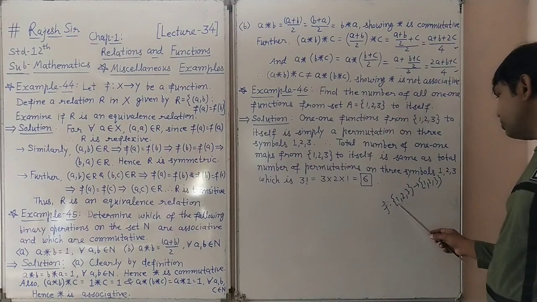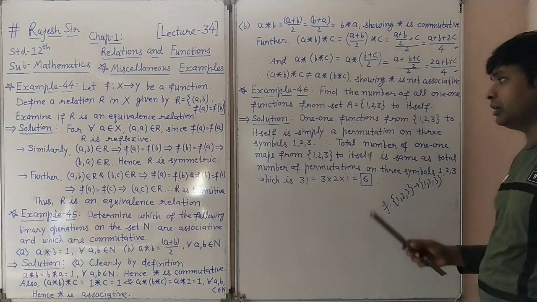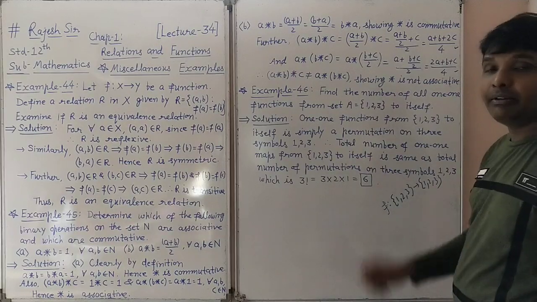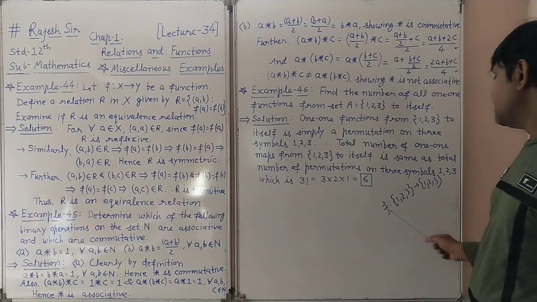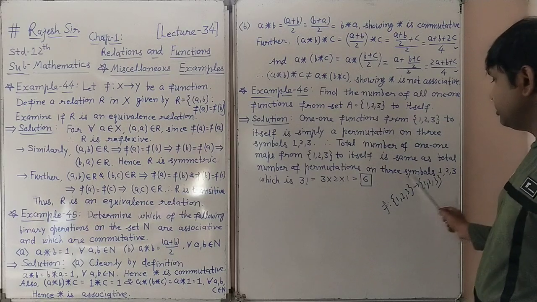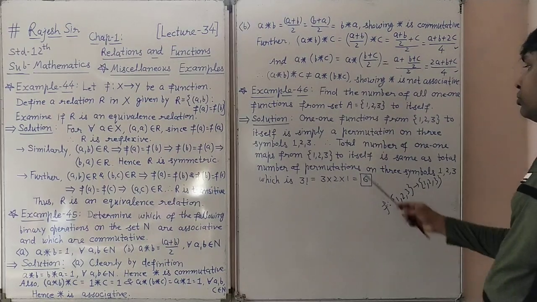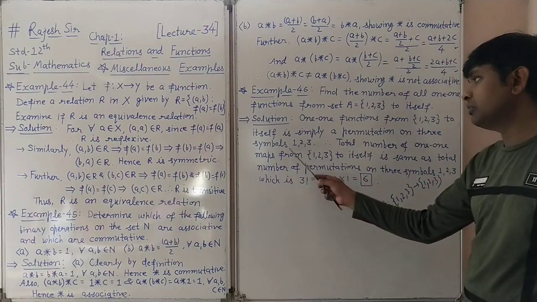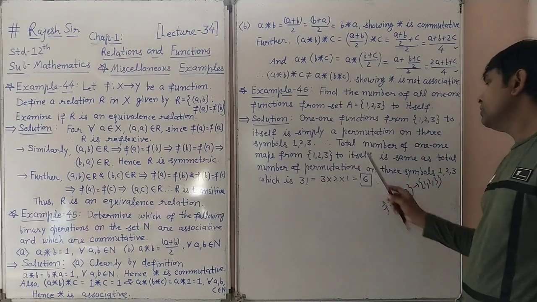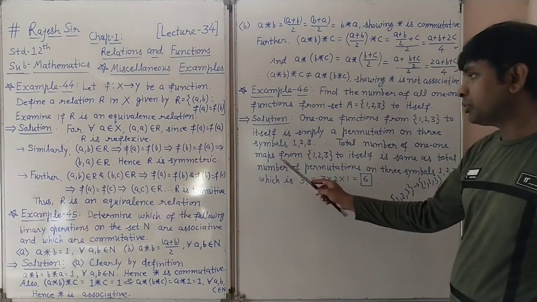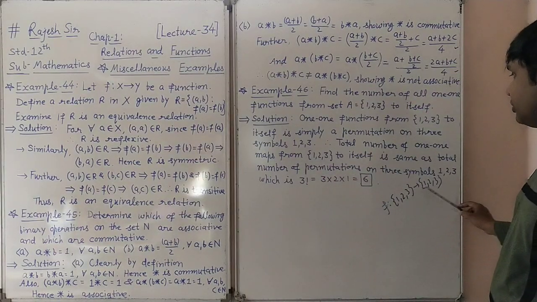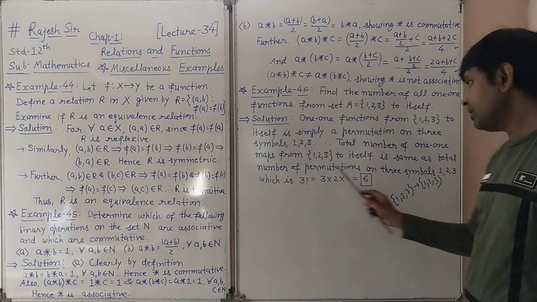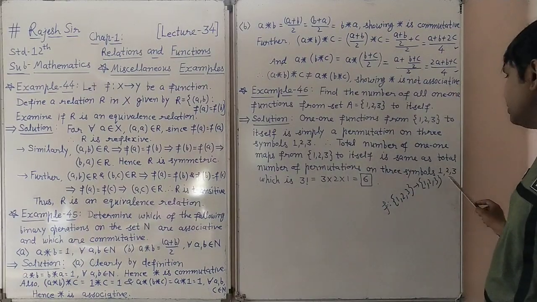All possible pairs from {1, 2, 3} to {1, 2, 3} we have to think about. And that is in 11th standard we have seen in maths, permutation and combination. If you want all these pairs, you have to find the permutations on 3 symbols 1, 2 and 3. So the total number of 1-1 maps or functions from {1, 2, 3} to itself, meaning f from {1, 2, 3} to {1, 2, 3}, is the same as the number of permutations on the 3 symbols 1, 2, 3.